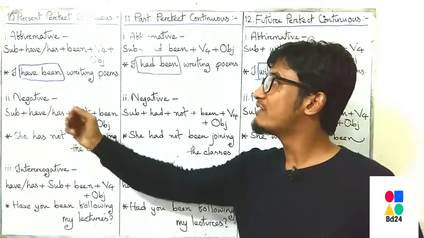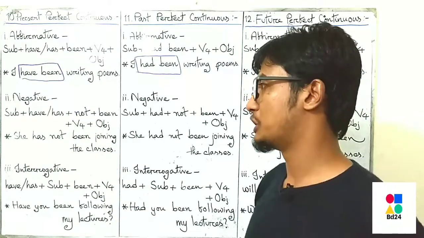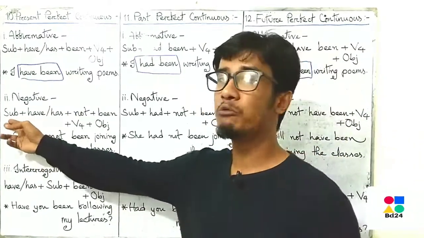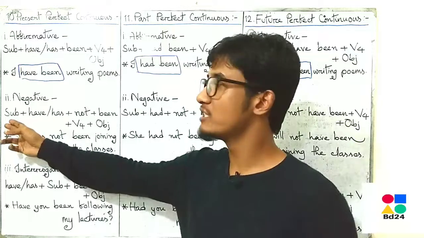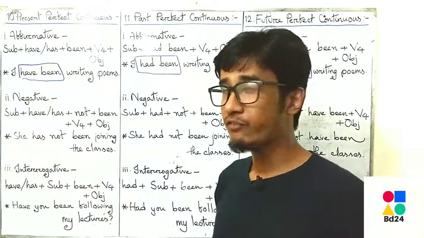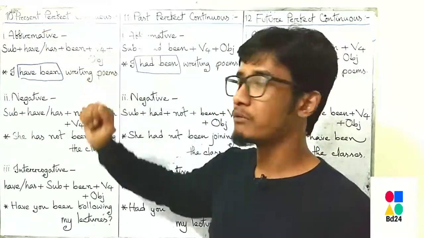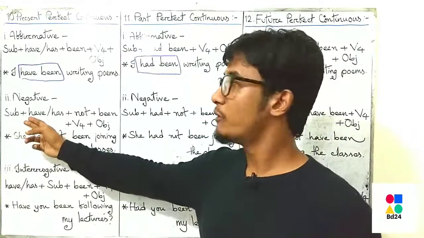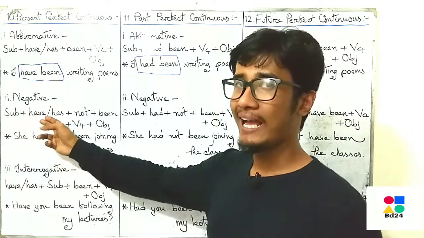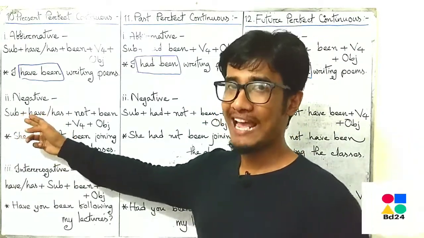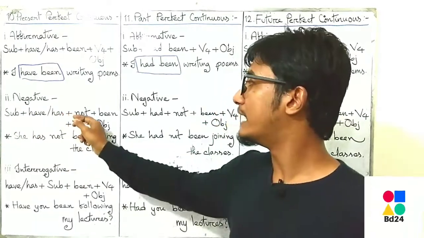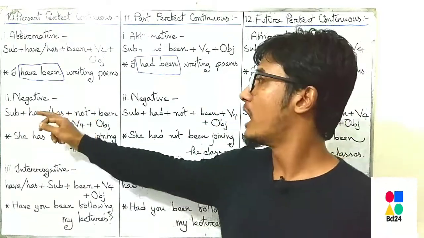So let's go to the negative sentence of present perfect continuous. As usual, we start our negative sentence with a subject. After the subject, as it is present perfect, we put auxiliary verb have or has. After subject, have or has, then a negative word not.